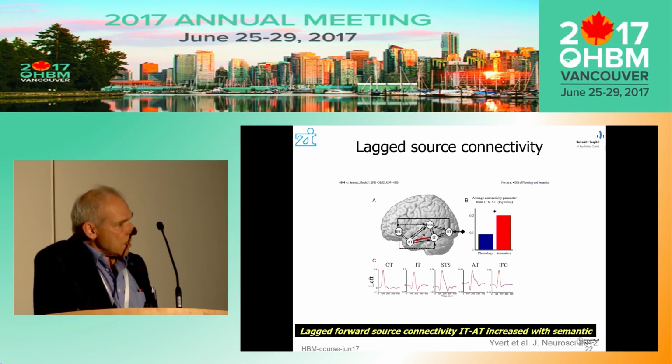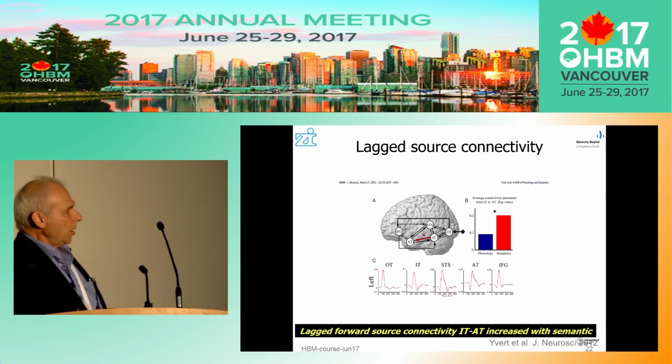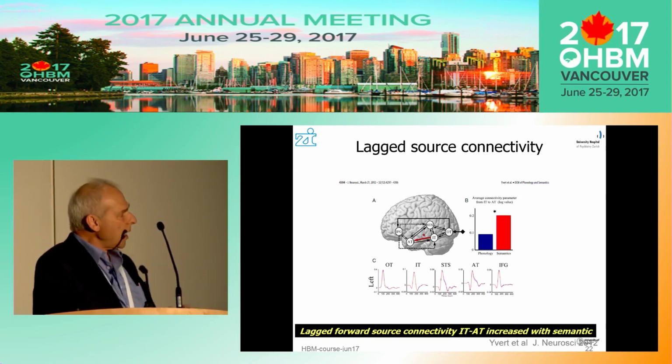Then obviously this is not only synchronization that measures connectivity. This is an example of an event-related potential study which looks at the more standard way of looking at connectivity.